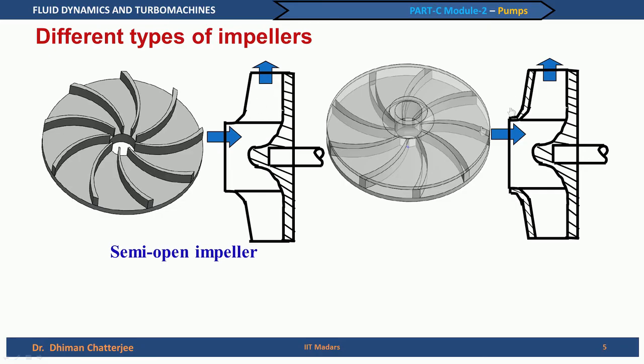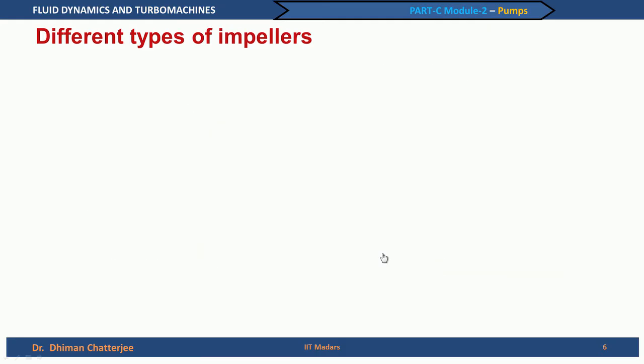You can contrast the semi open impeller with the closed impeller, and you can see in this case of closed impeller we have both the front shroud and the rear shroud, and both the shrouds are hatched here, whereas in the case of semi open impeller only the rear shroud is visible because the front shroud is not present. But that is not the only difference as far as the impellers are concerned.